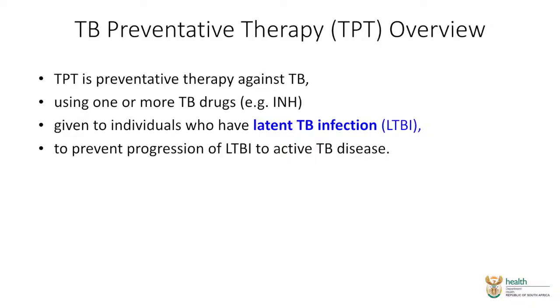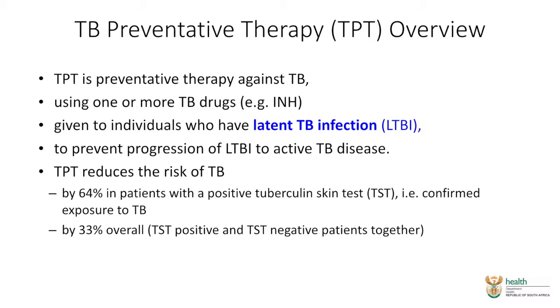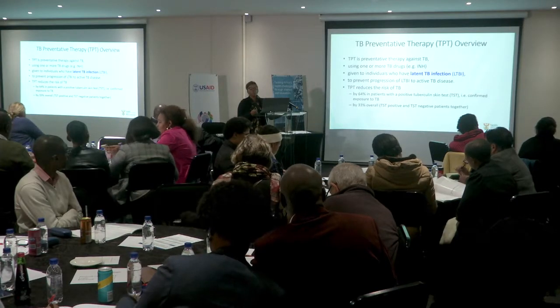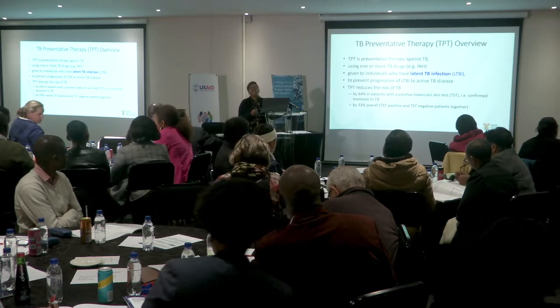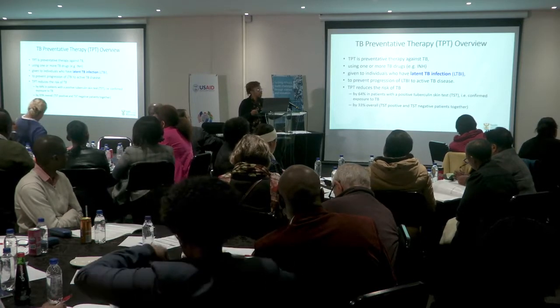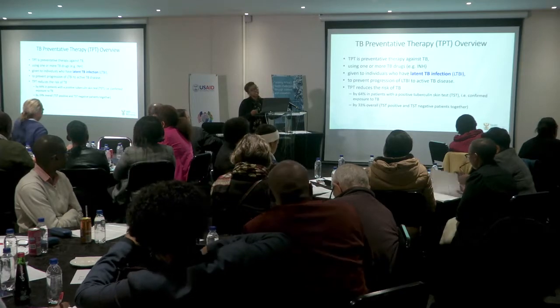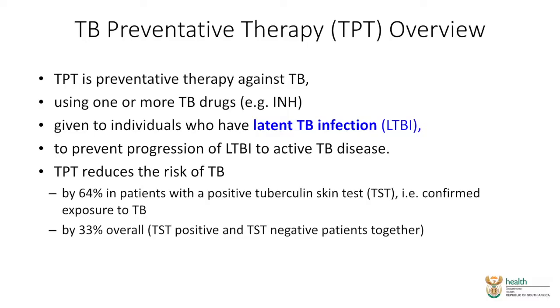It is to prevent the progression of your latent TB infection to active TB disease, and it reduces the risk of TB by 64% with patients who previously, when we had the previous guidelines which have changed, that are dependent on the TST test, skin test, the reduction would be 64% in terms of prevention of TB disease and 33% overall.